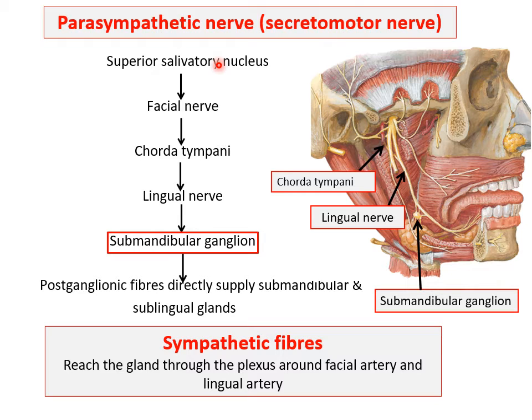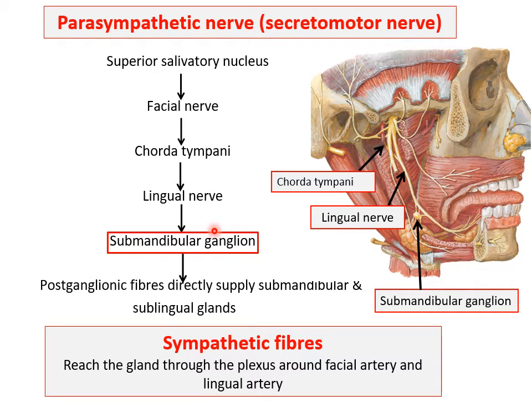Then fibers will pass through the facial nerve, then through a branch of facial nerve called chorda tympani. This chorda tympani then joins with the lingual nerve. I mean, the parasympathetic fibers from the chorda tympani pass through the lingual nerve and finally reach the submandibular ganglion.